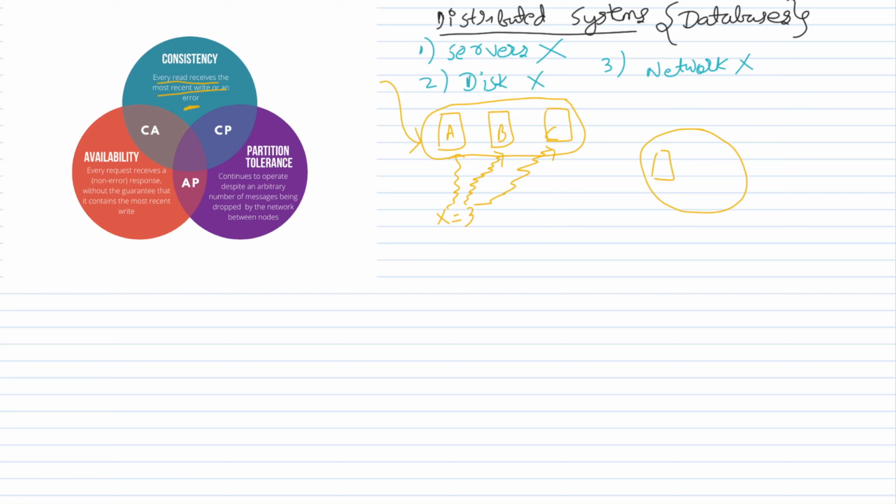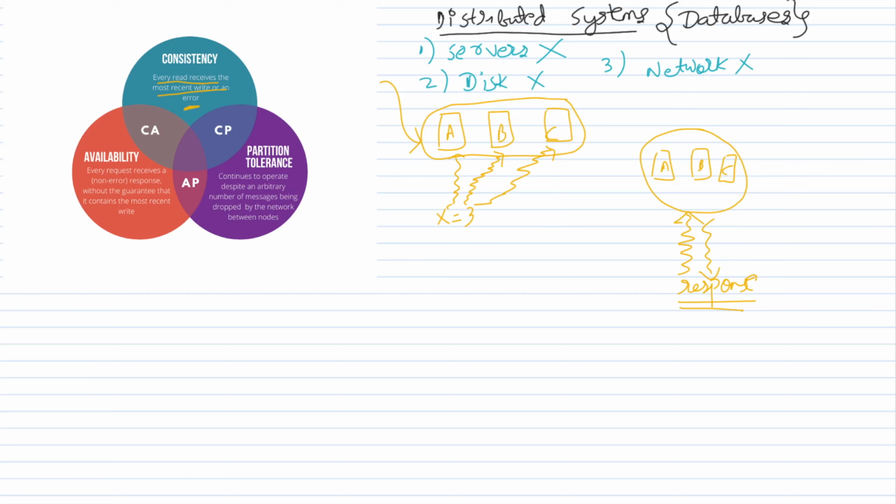Let's say you have A, B, and C in your system. If the user places a request to your system, the user must get a response. That's it. This is what availability means: at all times, when the user places a request, they should get a response.